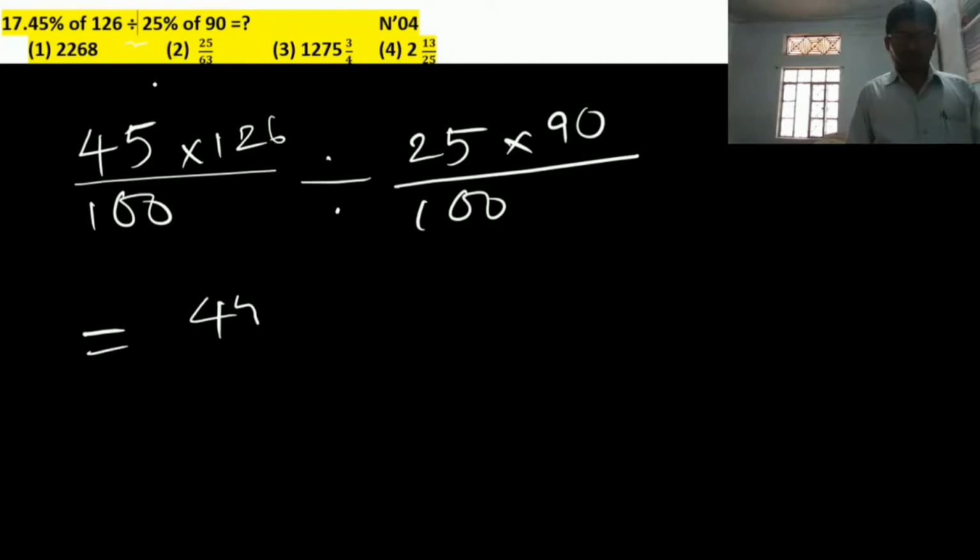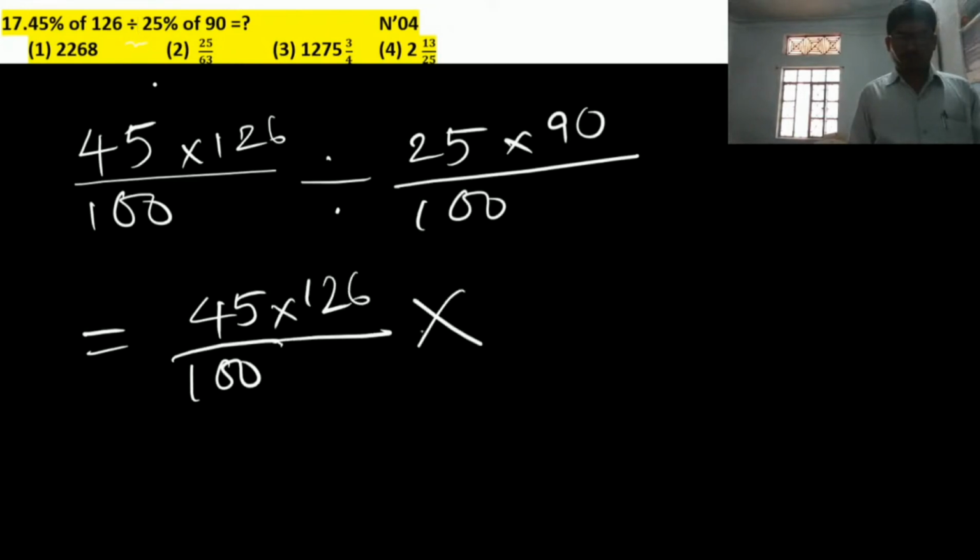So that's why we have to write like this. Write the first as it is, 45 by 100 into 126, into the reciprocal of the second fraction. The reciprocal means ulta palta, 100 by 25 into 90.